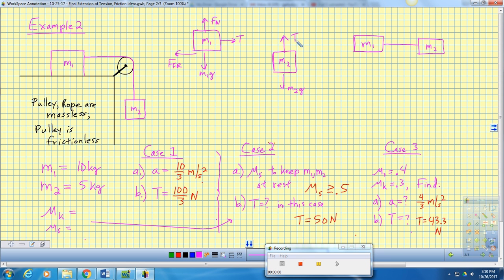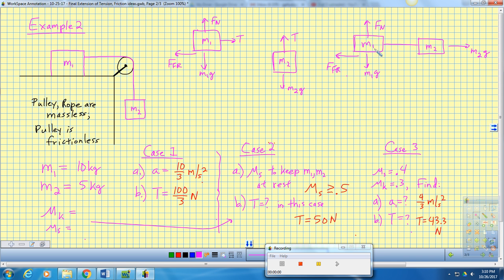And on the M1, M2 system, we'd have M2g trying to pull this way, friction acting against that on M1, and then gravity and normal force acting on M1. In all these situations, we want this system to stay at rest.